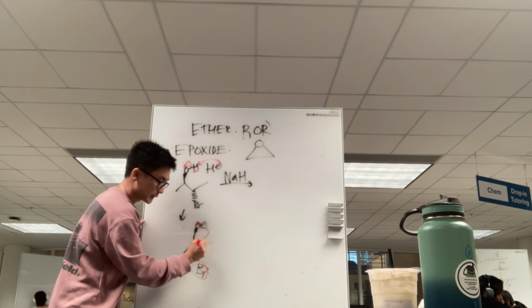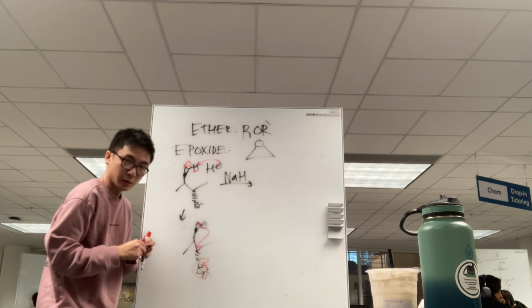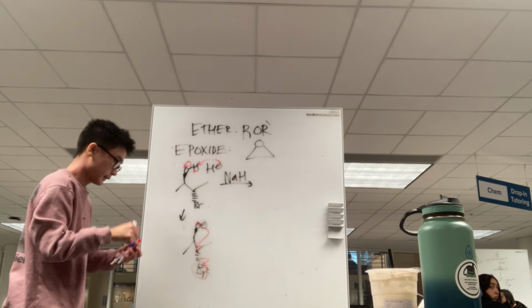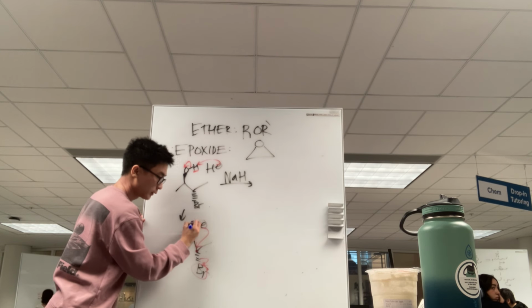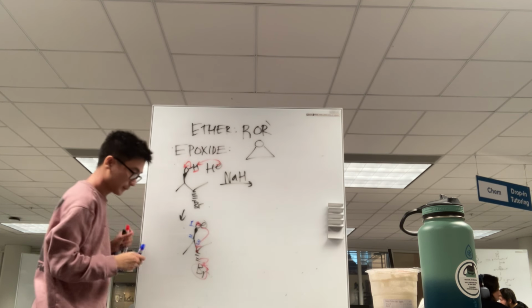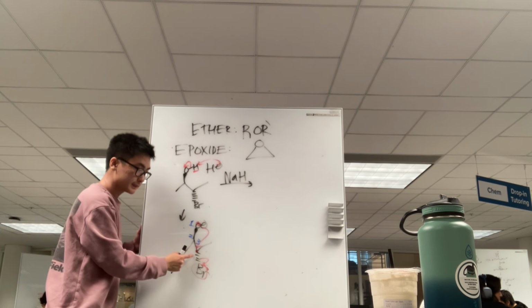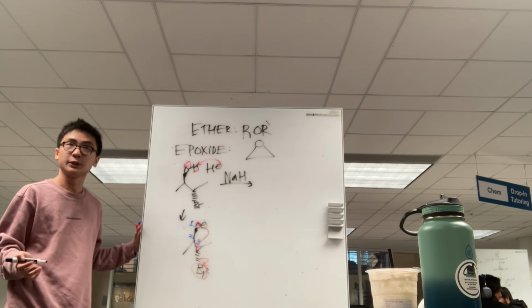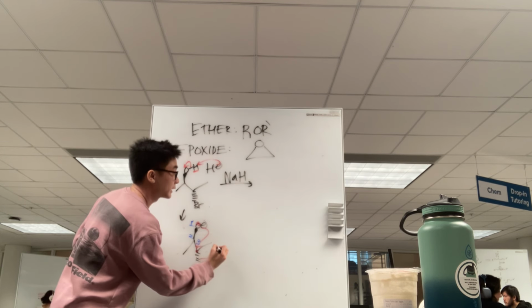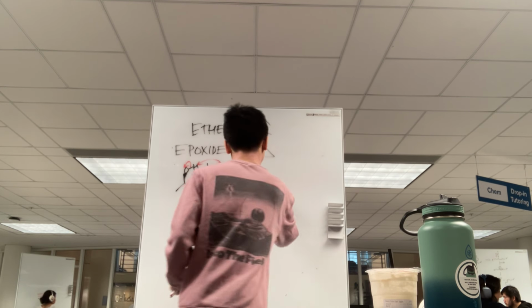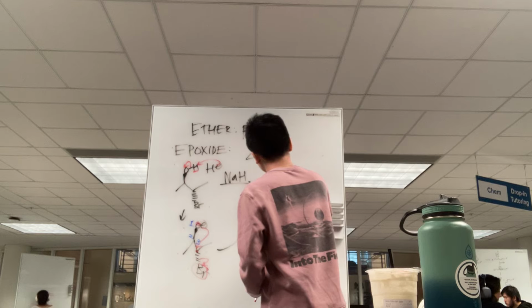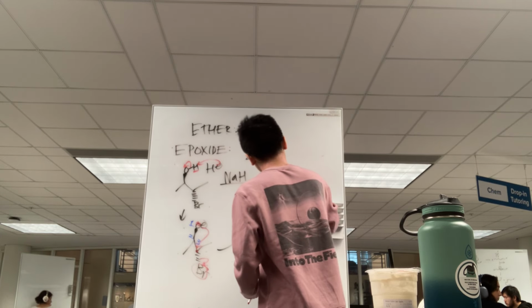So when we come in to attack that carbon there and kick out the leaving group, we see that we're going to form a 3-membered ring. And because we said this is a backside attack SN2, this dash bond here is going to invert into a wedge bond, like this. Right.